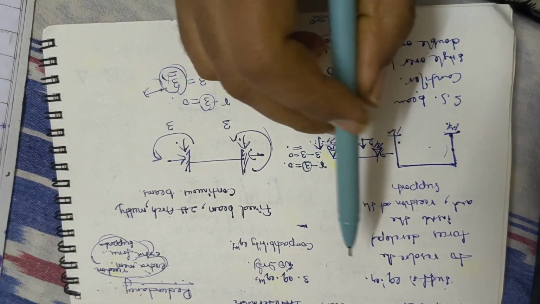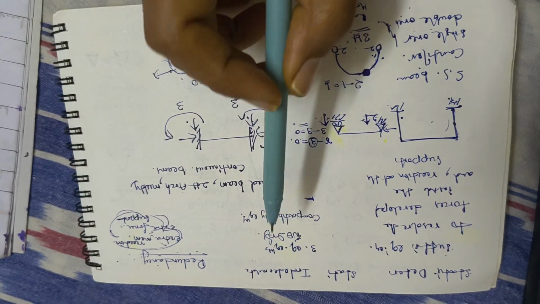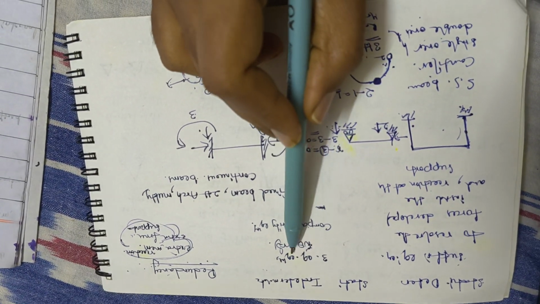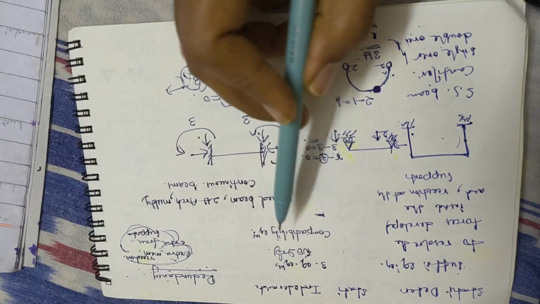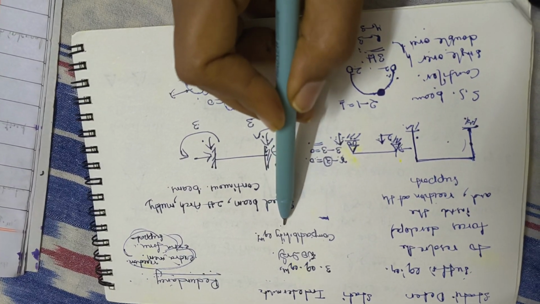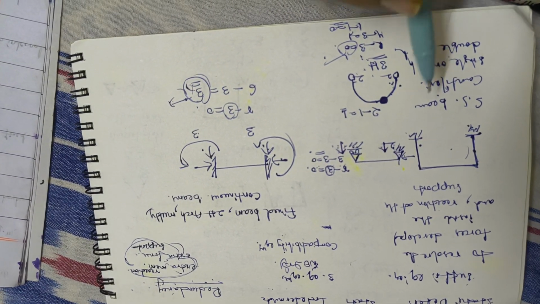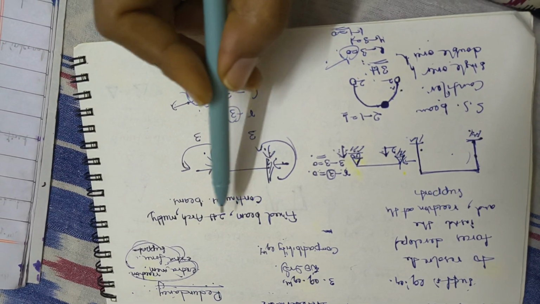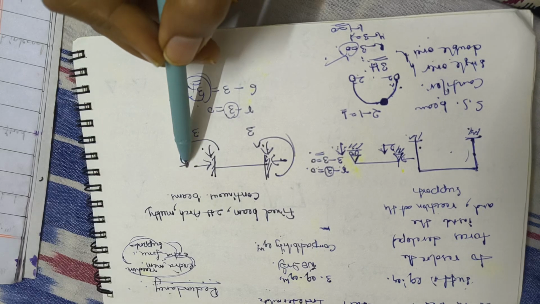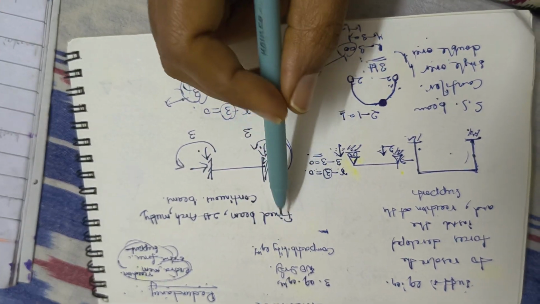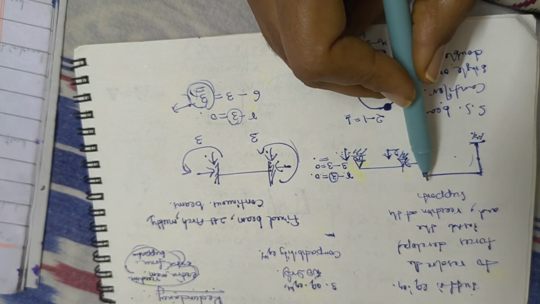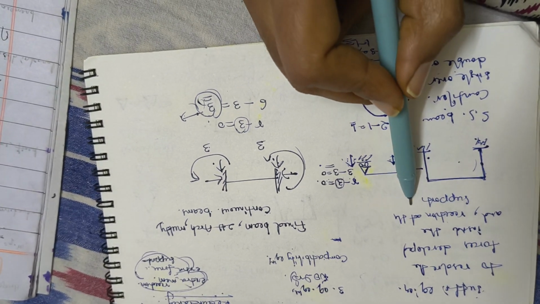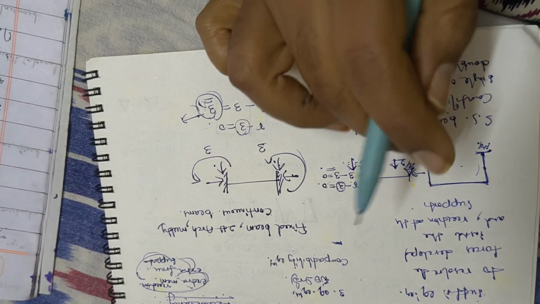Talking about the differences between determinacy and indeterminacy: here 3 equilibrium equations are sufficient, whereas there 3 equilibrium equations are not sufficient. We need more compatibility equations to solve. Examples for determinate: SS beam, cantilever, single overhang, double overhang, 3 hinge. Examples under indeterminacy: fixed beam, 2 hinged, multi-story frames and continuous beams. In the determinate case, bending moment and shear force are independent of the material property.